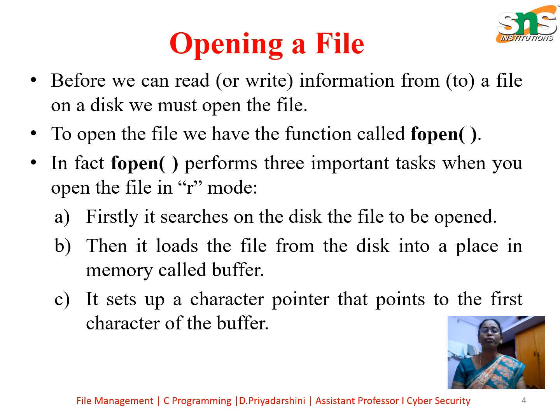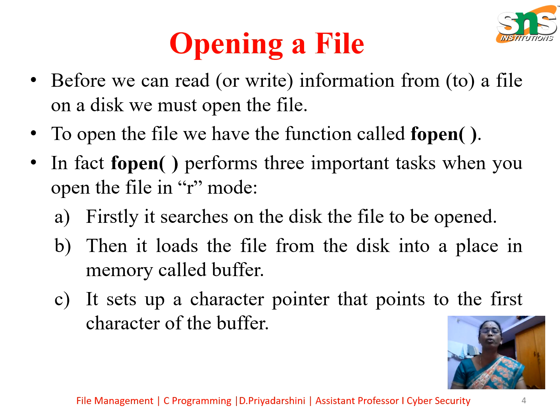It performs different operations by specifying the mode in which we are trying to use the file. In fact, fopen performs three important tasks when you open the file. In read mode, firstly it finds the file, if it exists. It searches on the disk for the file to be opened.